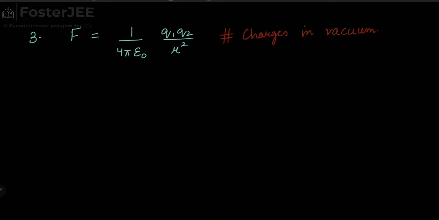But what happens if we put them inside some medium? In that case, the force F dash will be 1 by 4 pi kappa epsilon naught q1 q2 upon r square, where this is not k but kappa, which is also a Greek letter.